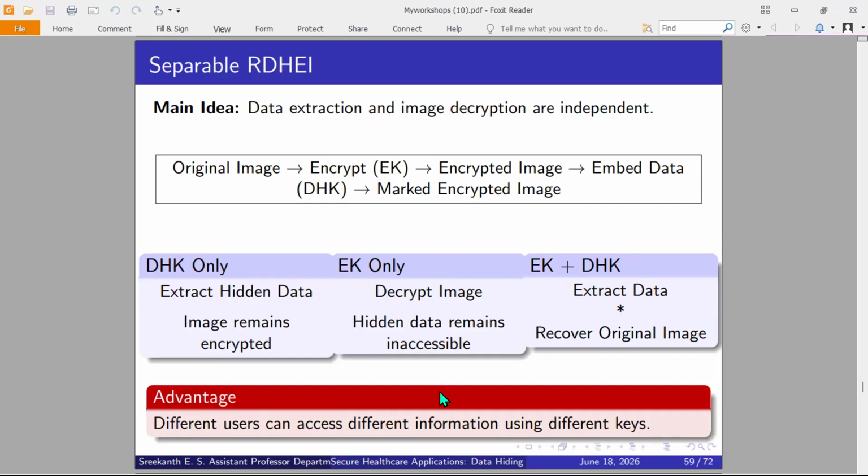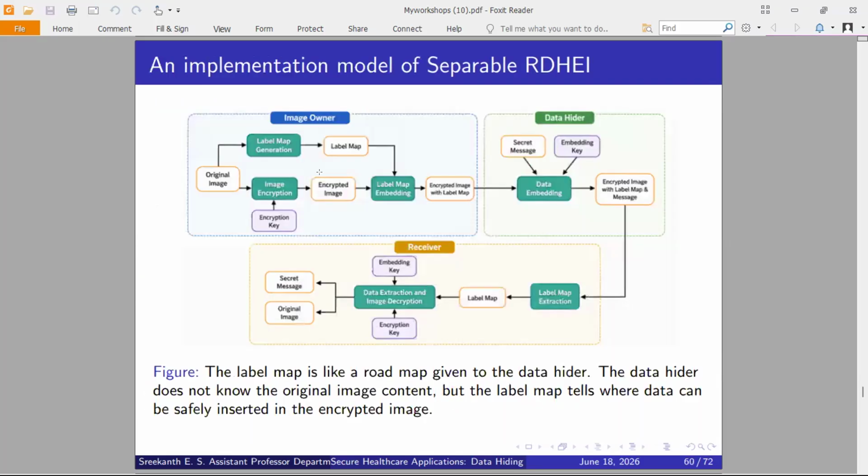Let me show one flow diagram. Look, this is the image owner. What he will do is label the locations to embed, and he will encrypt the image.